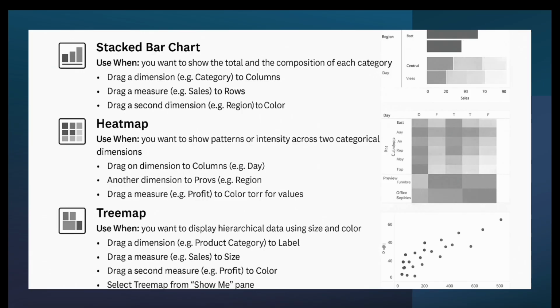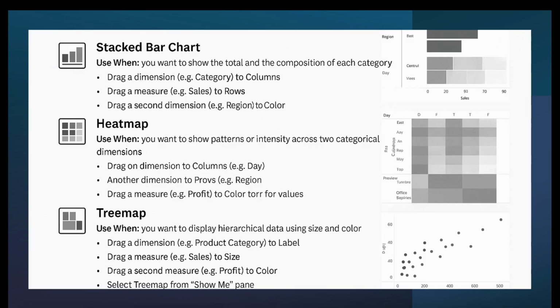Now, if we were to focus on stacked bar charts, heat maps, and tree maps, here is another infographic. Stacked bar charts are used when you want to show the total and the composition of each category. So, we need to have a dimension, a measure, and another dimension.